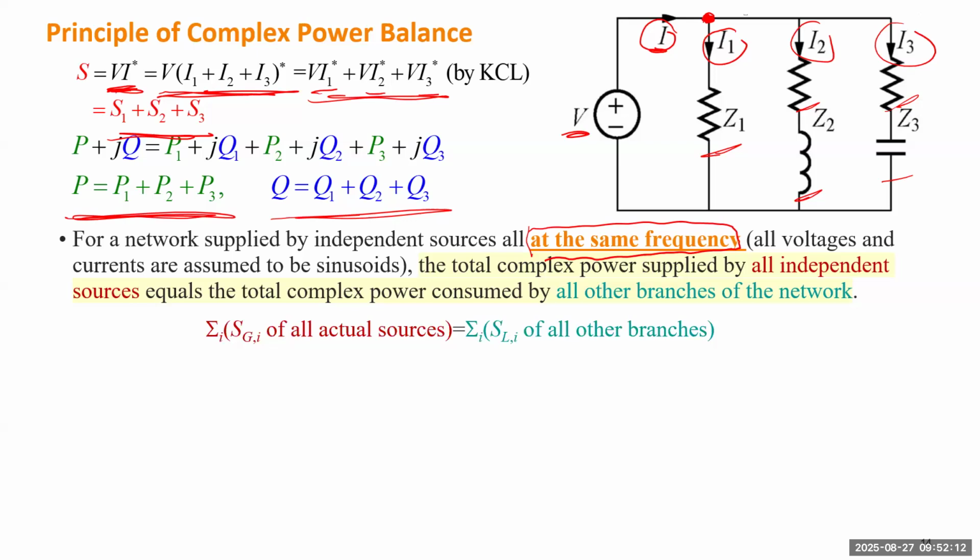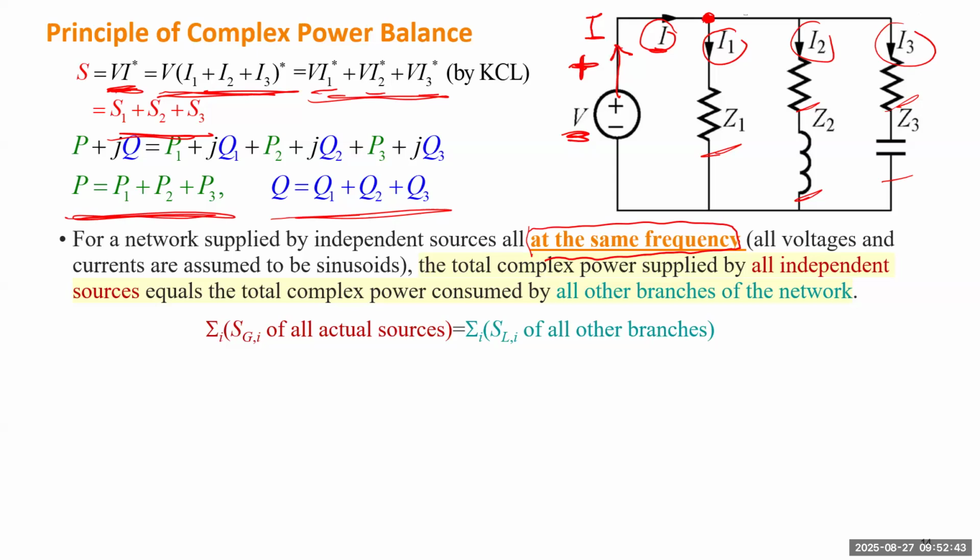On the left-hand side, you just sum the complex power of all actual sources, or anything you believe is a source. And on the right-hand side, you calculate the complex power of those branches. When you calculate complex power, you have to define the polarity. For the source, you use the voltage and the current leaving the positive terminal.